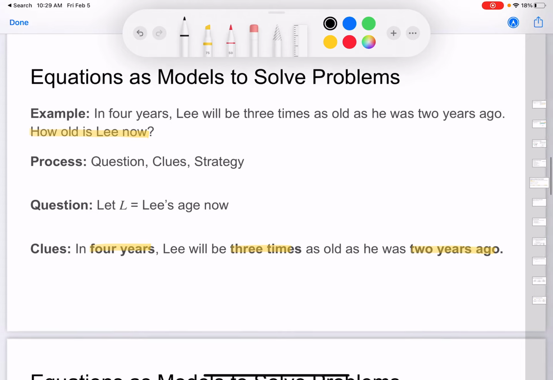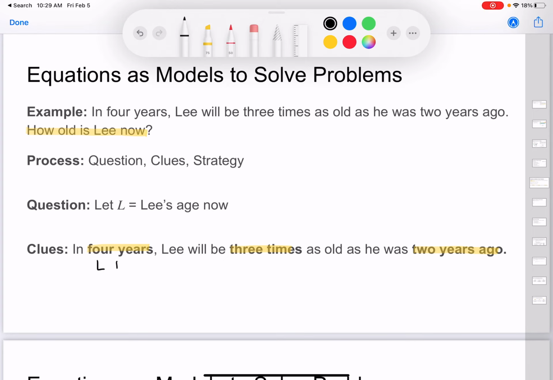So this will look like L plus 4. In 4 years, she will obviously be 4 years older than she is right now. Lee will be 3 times as old as she was 2 years ago. So 2 years ago from now means her current age minus 2.